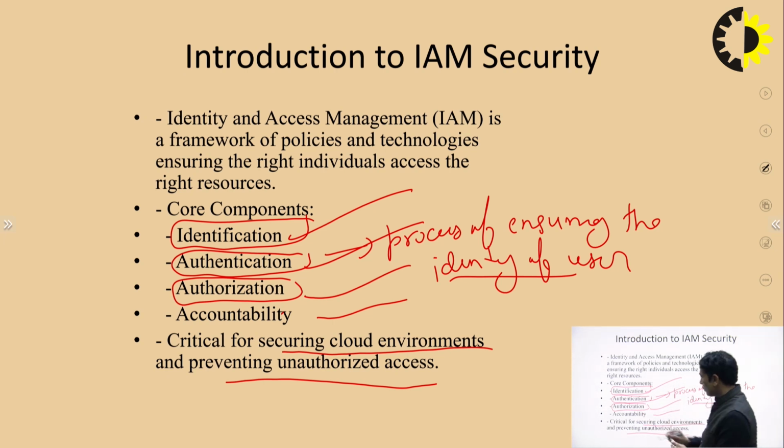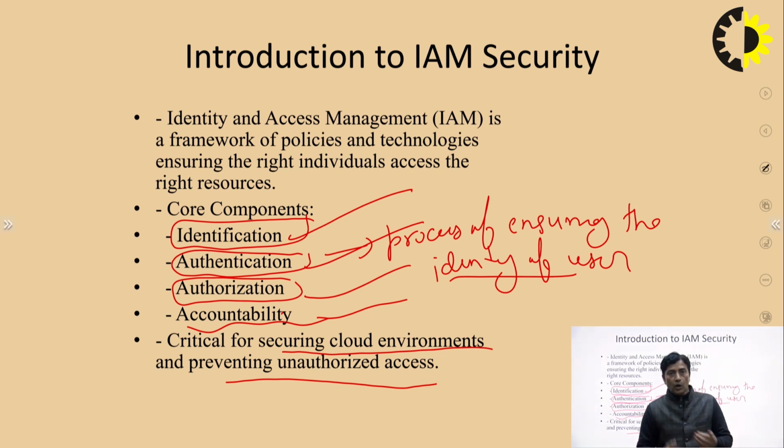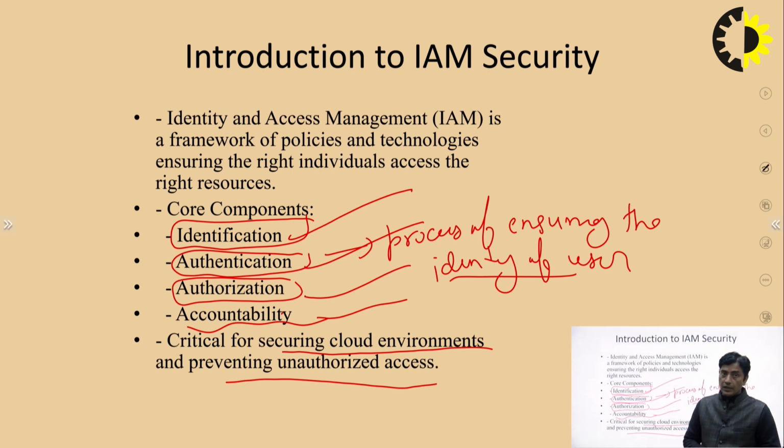Okay, accountability, a very important term. Accountability means when you ensure identity, what is the purpose of ensuring this? Why do you want to ensure the identity? Why do you want to authenticate the user? Because when you properly authenticate and verify the identity, the accountability will be ensured.